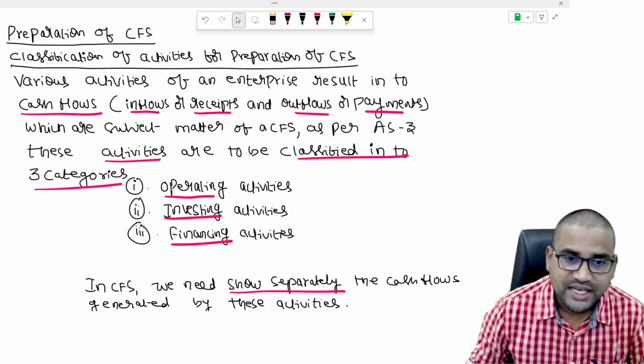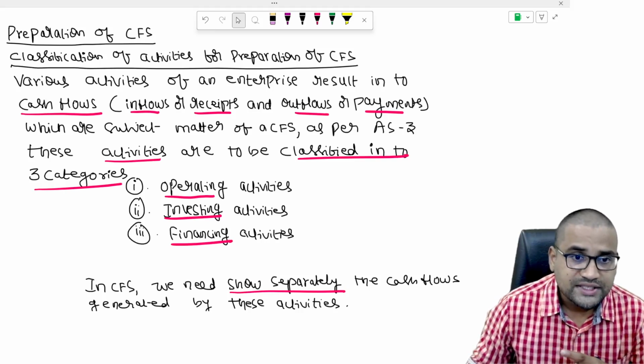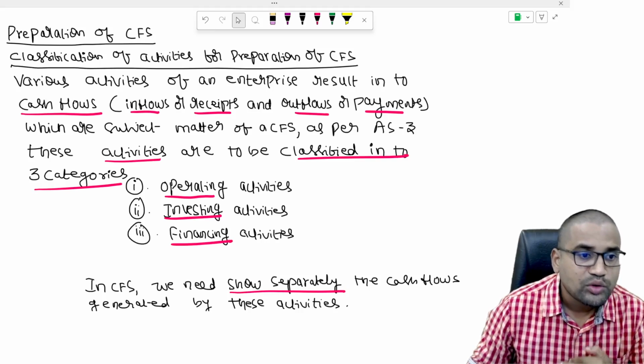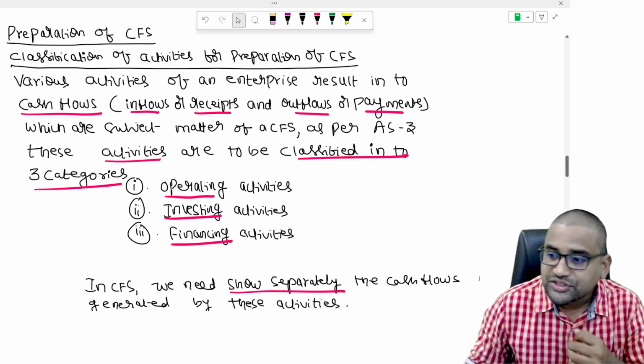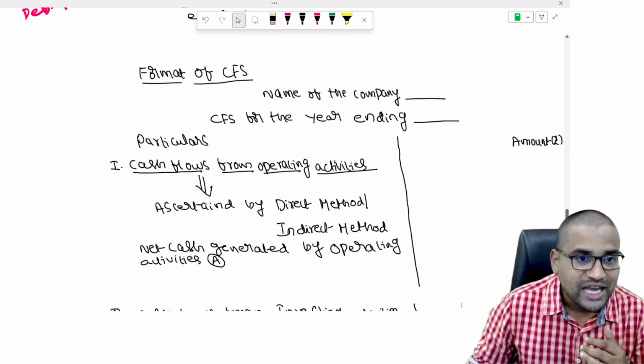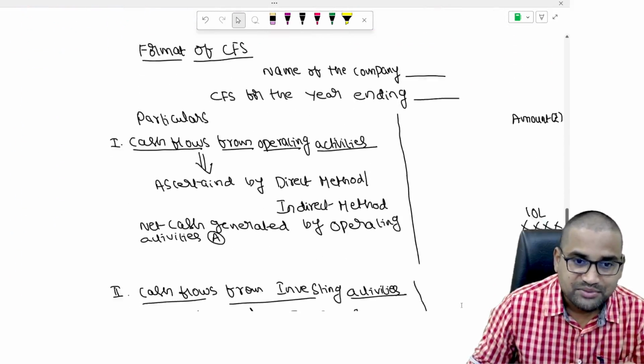And the last one, financing activity. What is financing activity? Financing activities are any activity which will change the size and composition of owner's equity, including preference share capital and borrowings of the enterprise. So first of all, you need to classify all cash items into these three categories, because the cash flow statement is nothing but presentation of these items.